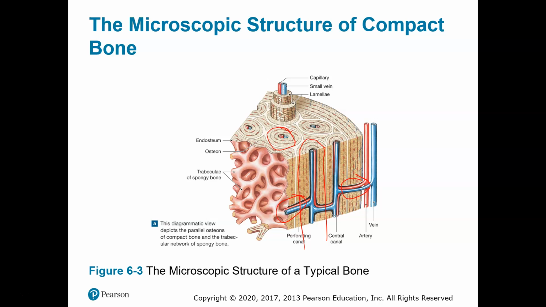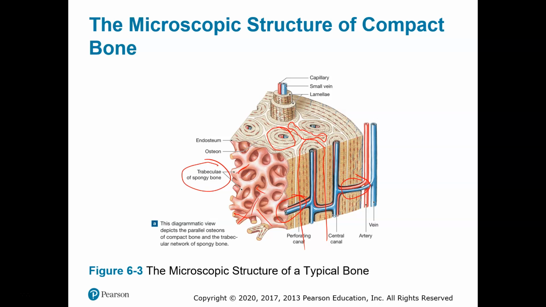Okay, so what we see here is several osteons, and you can see that there's also bone tissue that fills in the spaces between the osteons. I also want to point out that the spongy bone, which is shown here, is composed of trabeculae, and trabeculae are all these different rods, or whatever you want to call them, these different pieces of bone that form that spongy network of bone tissue.